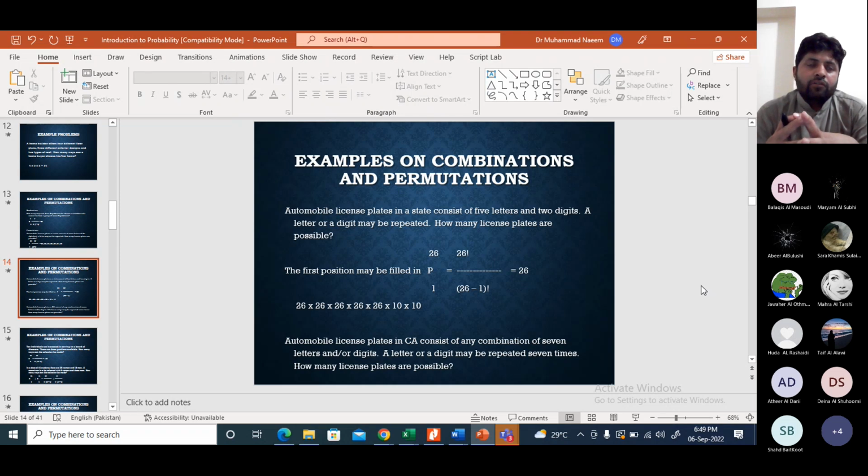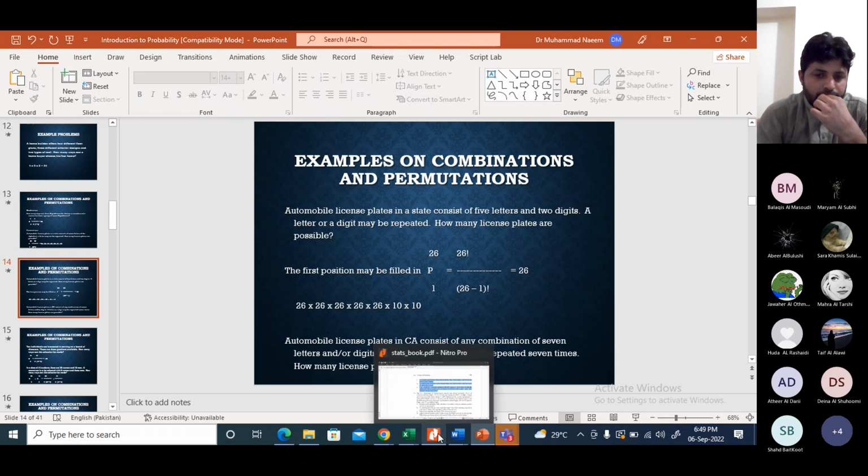Is there any example in case of combination in your mind? Could you tell me any example? I'm going to give you one interesting example.